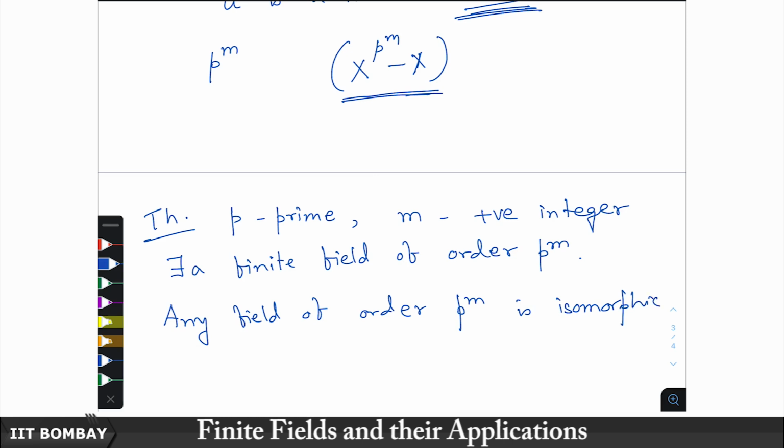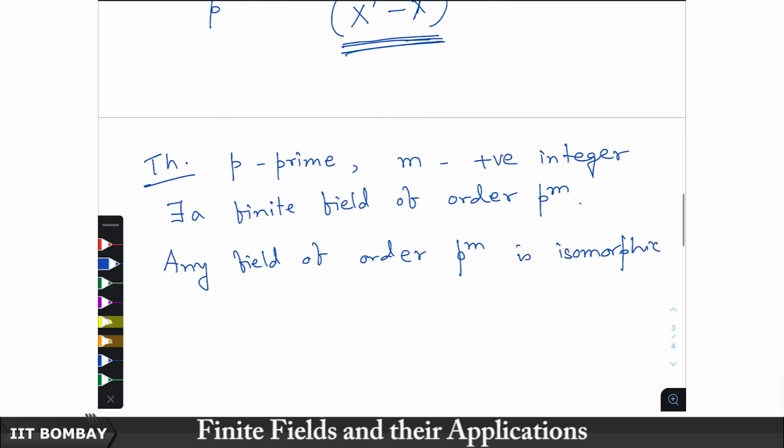Not only that, by construction we will show that the splitting field of this is in fact a finite field of order p power m, but we will show that any finite field of order p power m is isomorphic to that splitting field.